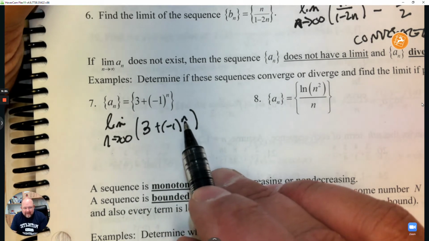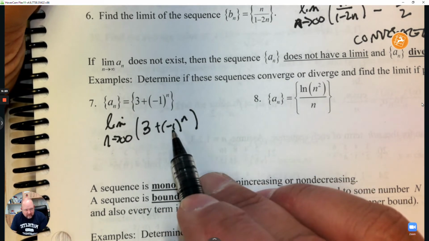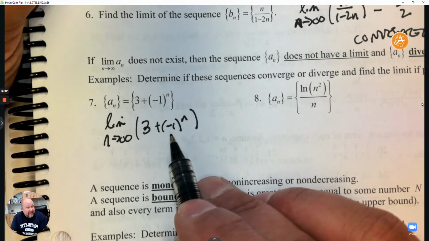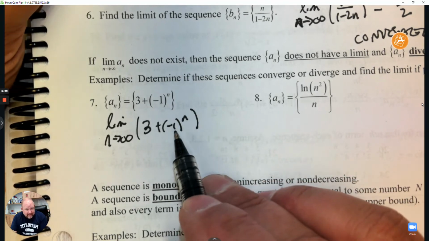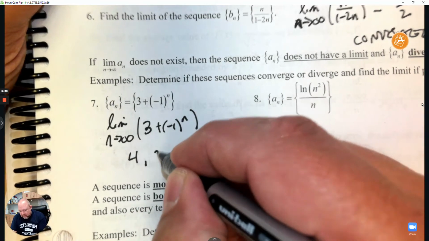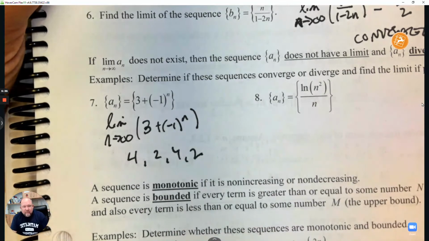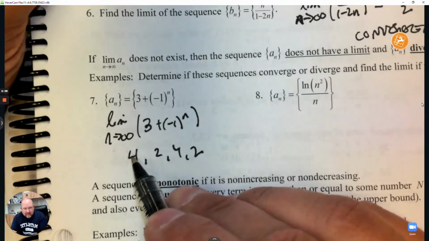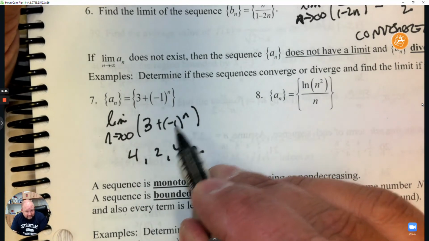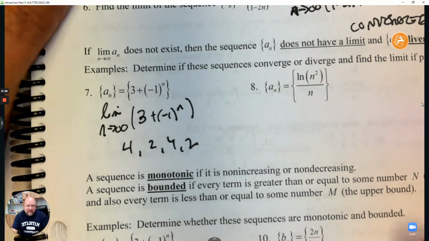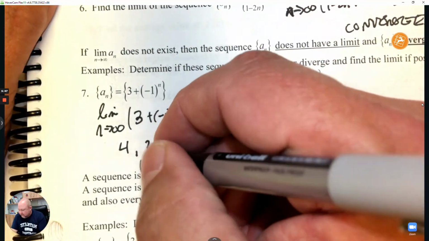When you put in an even exponent, it's going to be positive 1, and when you put in an odd exponent, it's going to be negative 1. So it's going to go back and forth between these two numbers as you put in even and odd exponents. If I put in 0, it's 4. If I put in 1, it's 2. But it doesn't converge to an answer. It just oscillates back and forth. So we say this one diverges.